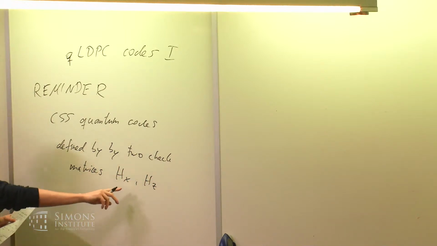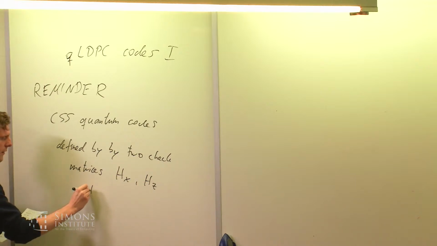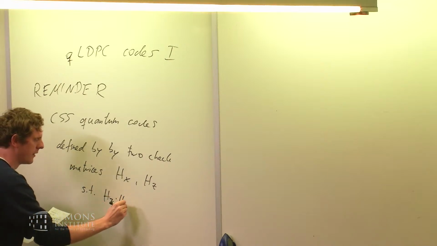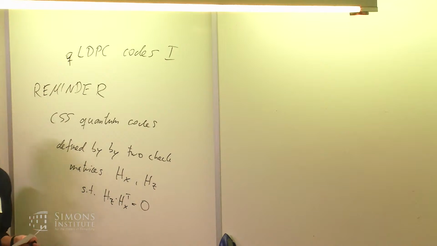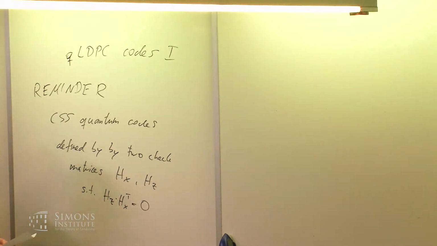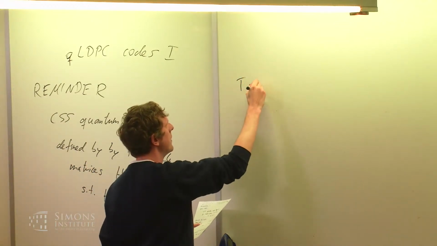The all-important property that they have to fulfill is that HZ times HX transpose has to be 0 mod 2. Everything is done over F2, so I will always skip the mod 2. Okay, that's good. There's an alternative description, and this is using Tanner graphs.